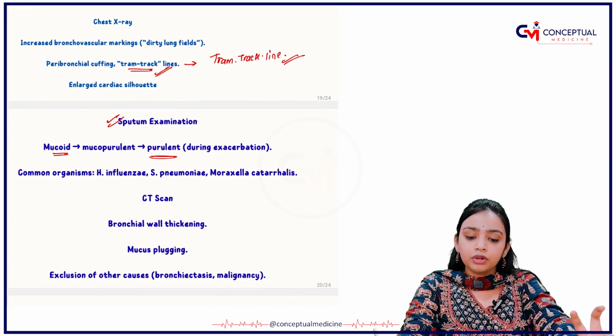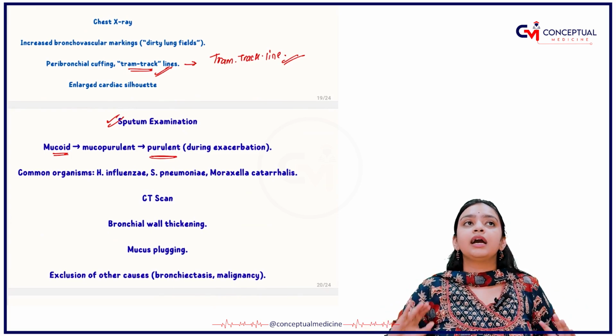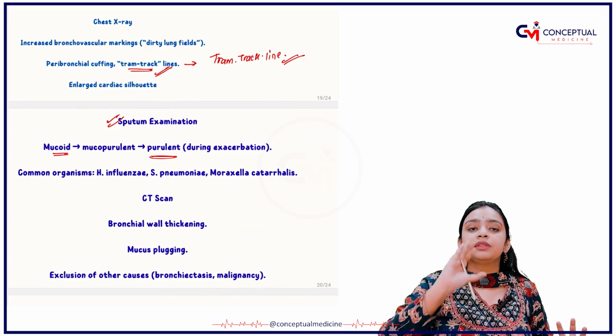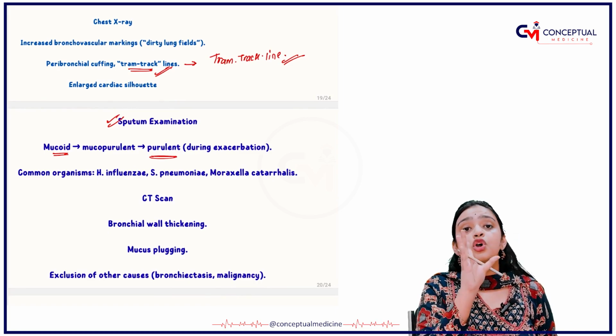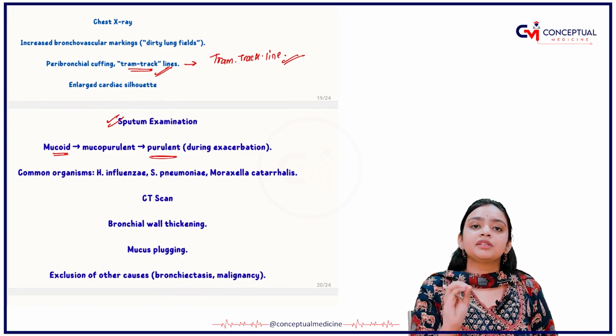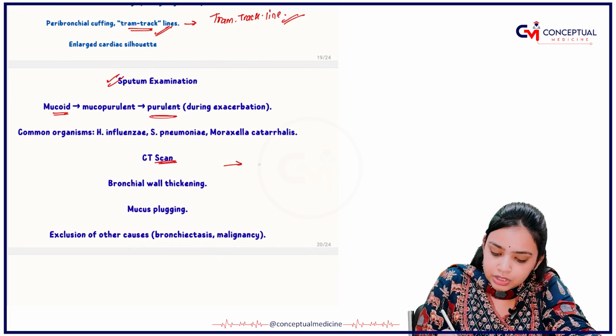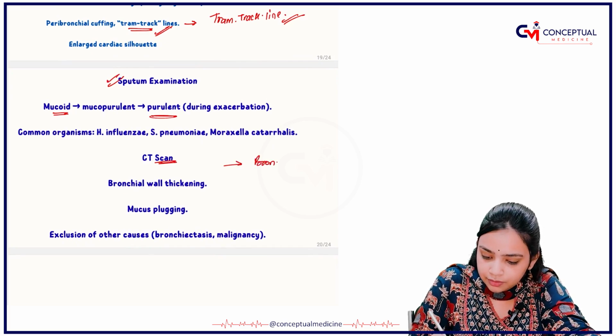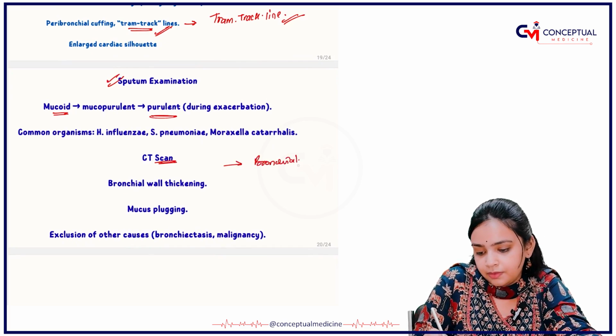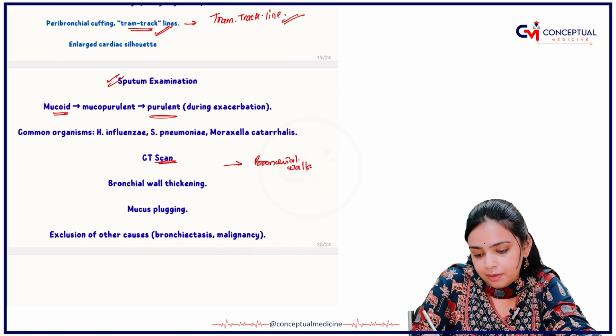What is purulent and what is non-purulent? This means that either they may be present with that greenish discharge, or they may not be present with that discharge. In the CT scan, you will see that the bronchial walls are basically getting thickened.